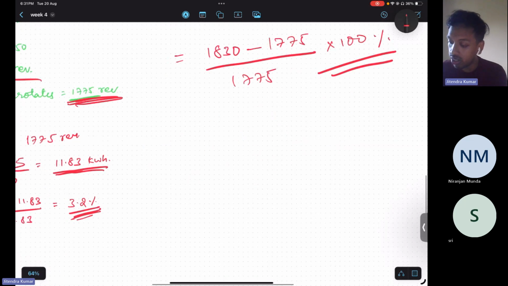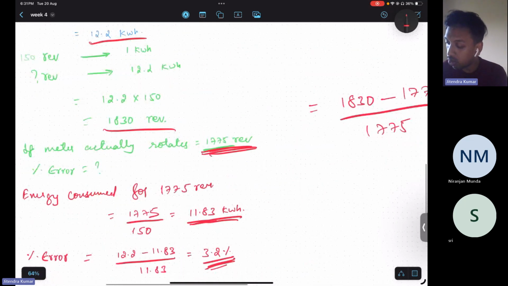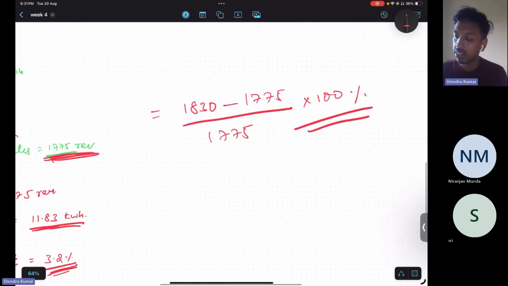So in this problem, it was asked that if the meter actually rotates this many times, then we need to find out the percentage error. So percentage error is nothing but absolute error divided by true value. Okay, let us move ahead.